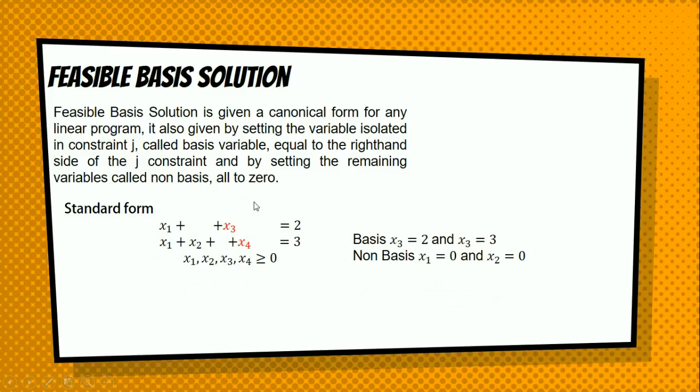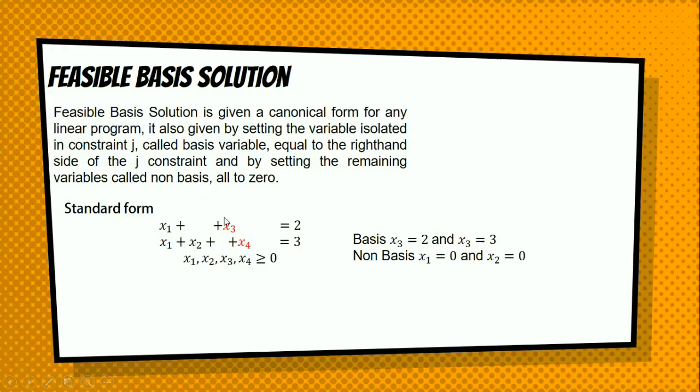If we see this standard form, we already know where the basis and the non-basis are. X3 and X4 are the basis: x3 equals 2 and x4 equals 3, and the non-basis is x1 equals 0 and x2 equals 0.